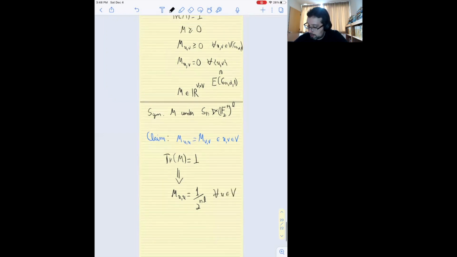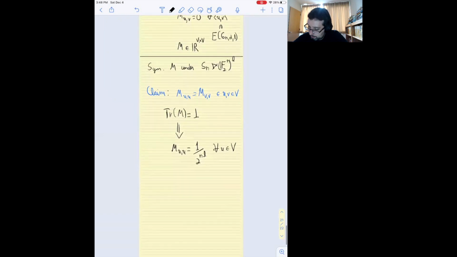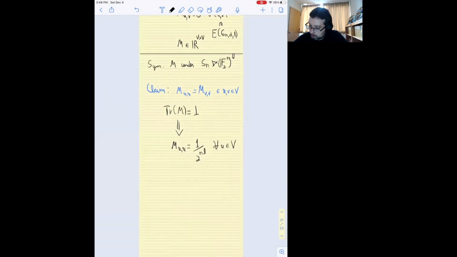And the matrix is PSD. If you have a diagonal entry of this form, we cannot have an off-diagonal entry that's larger than this, since it would violate PSDness. Since we have a PSD matrix, we get that the off-diagonal entries M_UV, in absolute value, are bounded again by 1 over 2 to the nL for every U, V. Otherwise, it would violate PSDness.